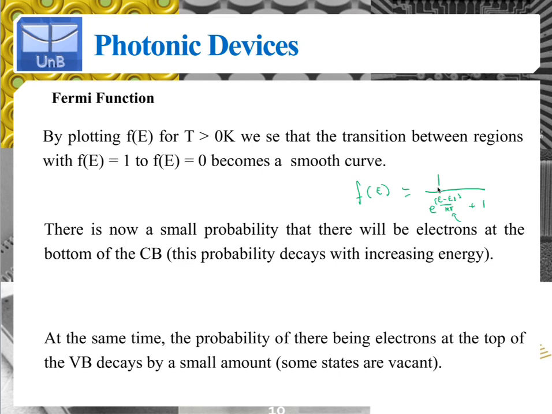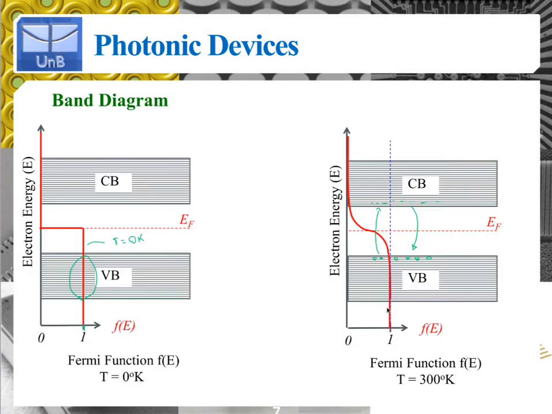What are we talking about when we say a smooth curve? If we plot this, you'll see a curve like this, right? Whereas at 0K it was a step function, now you have a smooth transition between the region corresponding to the valence band and the region corresponding to the conduction band. You have the smooth transition.